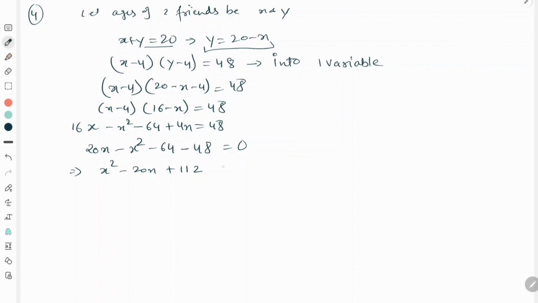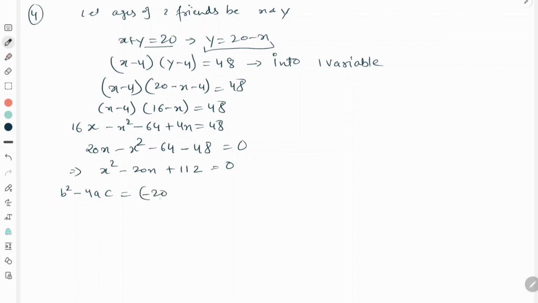This is a negative sign. So let's check if this scenario is possible or not, and to do that we will find out the value of b square minus 4ac.